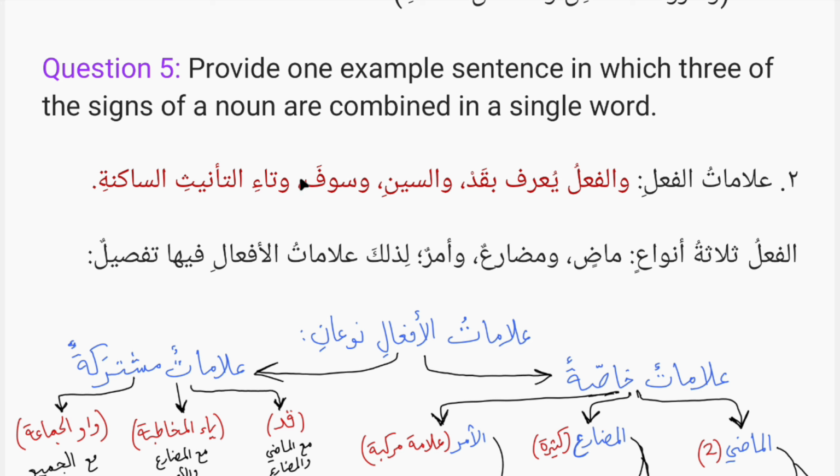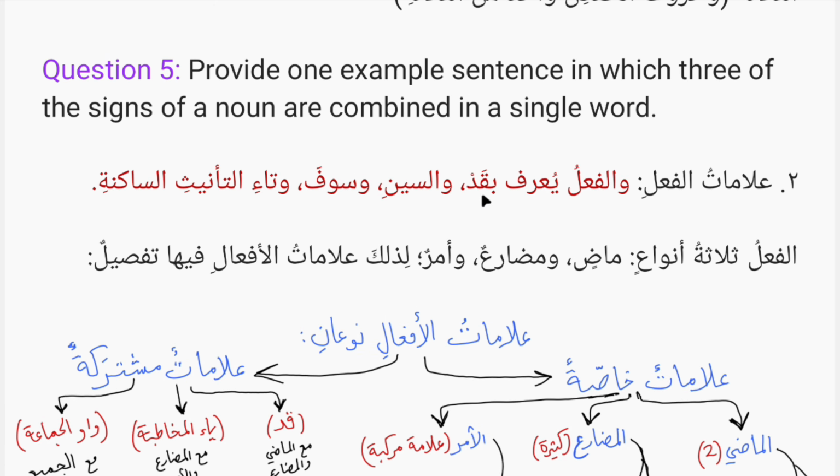From these four signs, we're going to categorize the signs of the fi'l into three. You're going to find a sign which is specific to the madi, such as the ta'u ta'nith as-sakina. We're going to find a sign which is specific to the mudari', sin and sawfa. And we have a sign which is shared, and it's not specific to a particular type of verb.